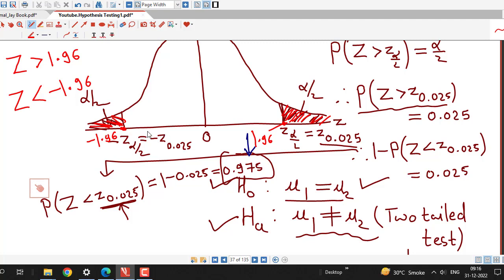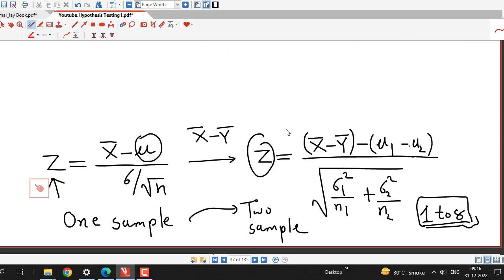And if the value of z falls between these two values, then we will fail to reject the null hypothesis. So all we have to find out is the value of this z statistic.